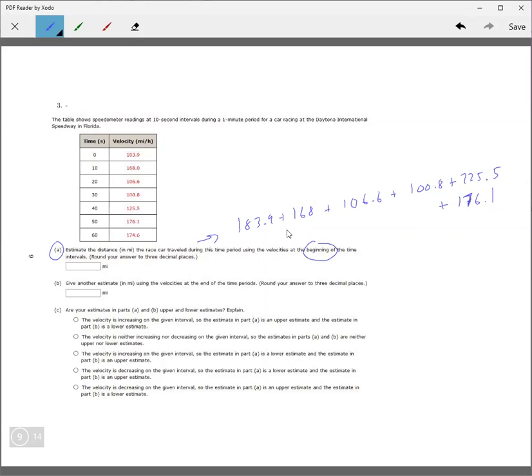Notice I'm not including the last one. I've got 6 values here representing the 6 time intervals. Those add up to 860.9. Now, this represents each of the speeds over here. Now, each of these is over a 10-second interval.